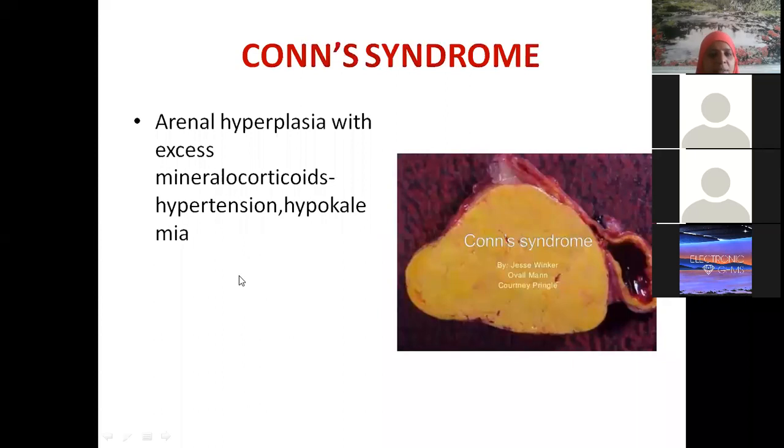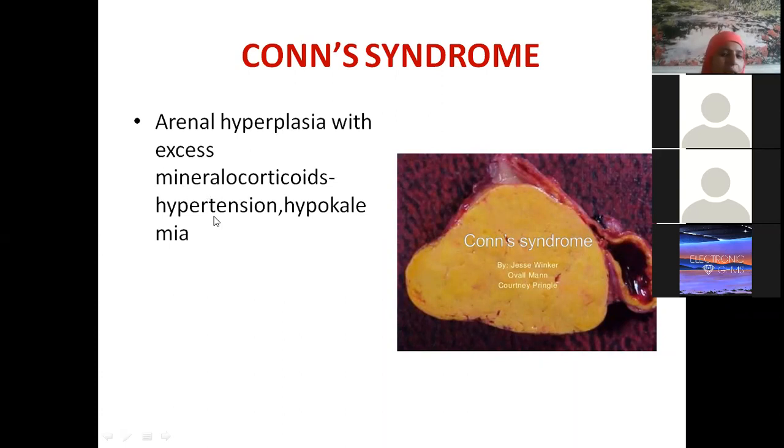There is a syndrome called Conn syndrome, where you will see the adrenal gland is hyperplastic, meaning excessive multiplication of cells of that particular gland is called hyperplasia. The size of the gland will increase, and there is overproduction of mineralocorticoids, that is aldosterone, because of which there is hypertension, high blood pressure.